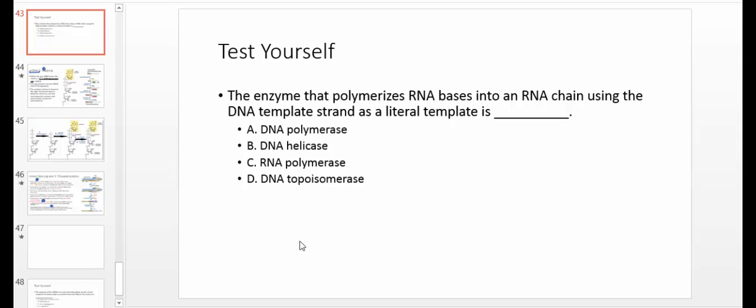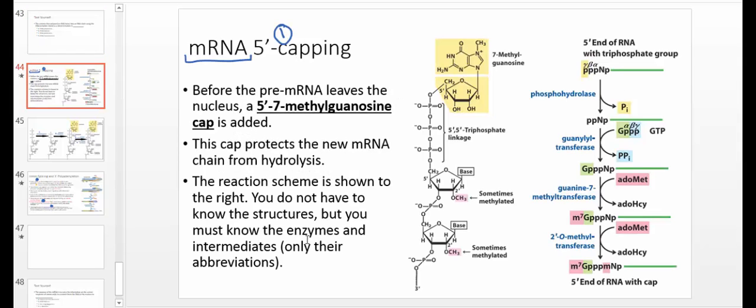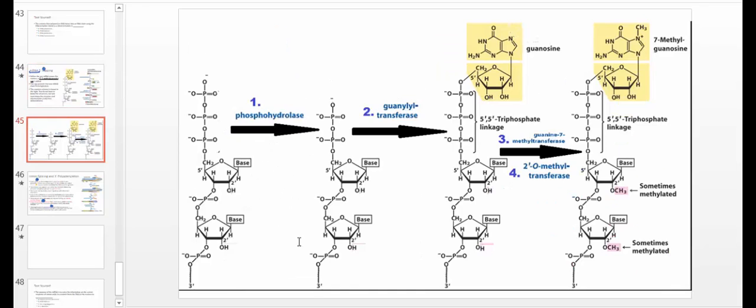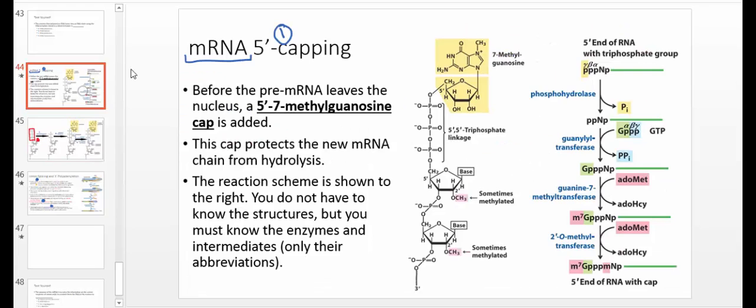What I want to show you essentially is what we start with after we have transcription. So in a lot of cases what will happen is this base right here, let me scratch this out. This base will a lot of times be an adenine. So what we essentially have is this adenine base with 3 phosphates right here. If you look at the abbreviation, these abbreviations are what I essentially want you to know.